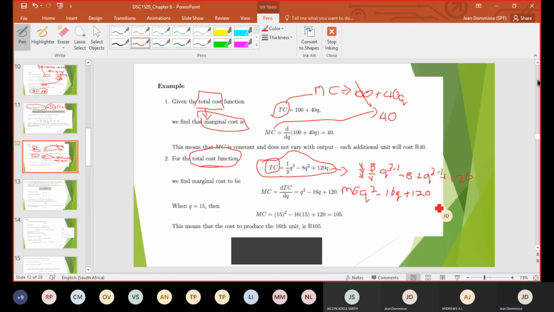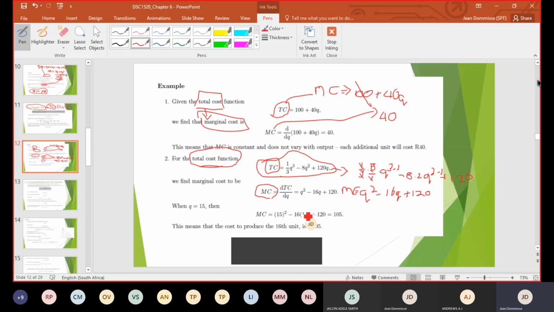So with this one now they need to tell you the value of Q. So don't go into now trying to factorize this out. You don't need to draw a curve, you don't need to do anything. What you need to do here is calculate what the marginal cost is going to be.